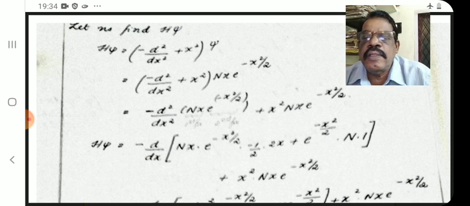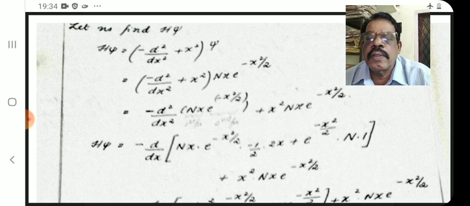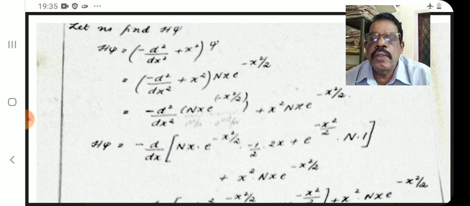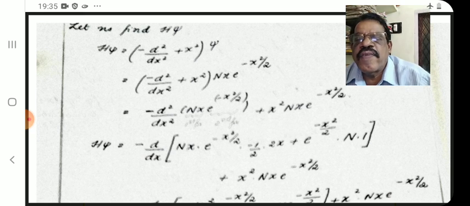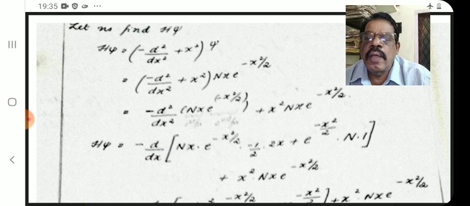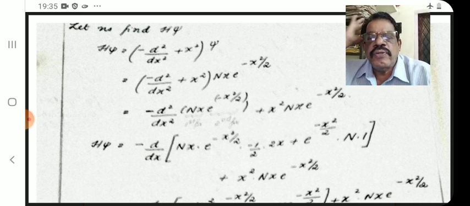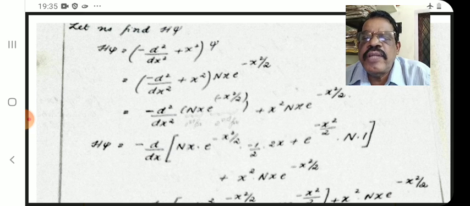And the first term, you look here, it's a second derivative. So we differentiate once. Outside we write d by dx. When we differentiate once, the second order differential becomes first order. So minus d by dx, and inside we have to take the derivative of a product. First function into derivative of second plus second function into derivative of first.